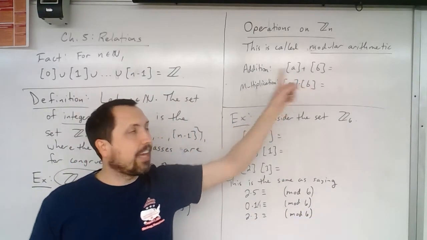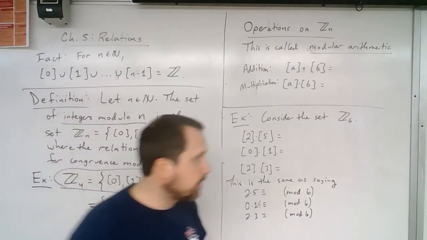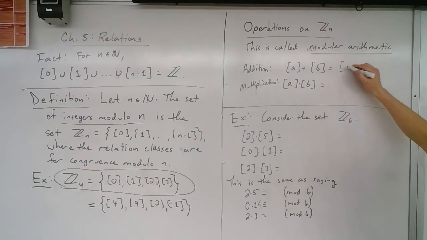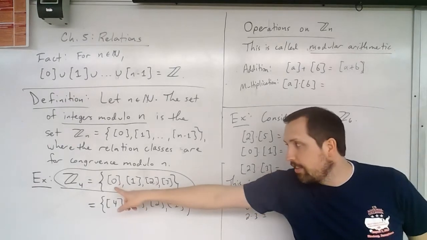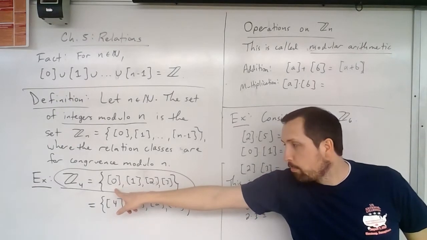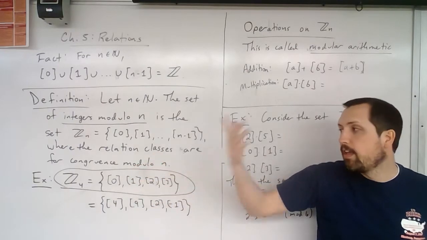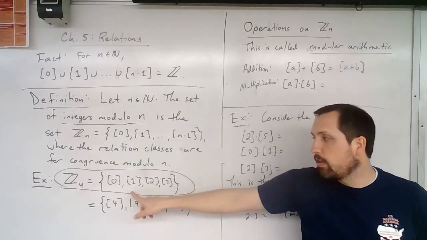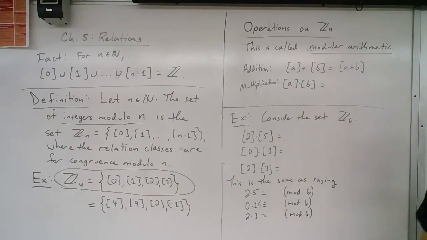Addition: if we add 2 relation classes together, we're just simply adding the numbers on the inside. So if I look at the relation class of 0 plus the relation class of 2, that's just the relation class of 0 plus 2, or 2. Same thing if I do, say, 1 plus 2, I'm going to get 3. Now if I multiply these, I'm going to simply multiply the insides together.